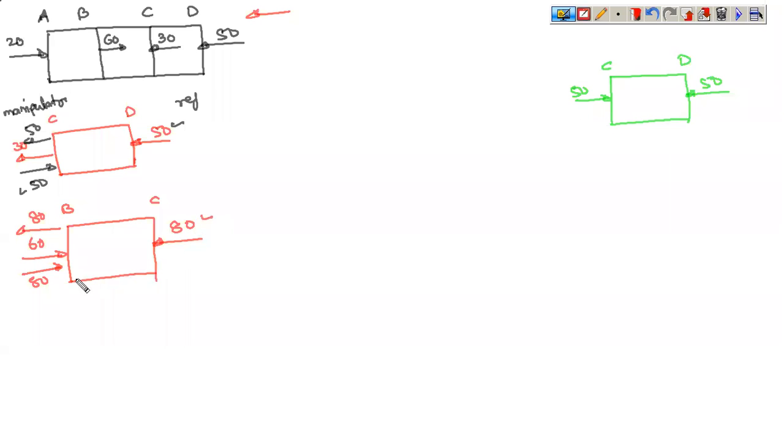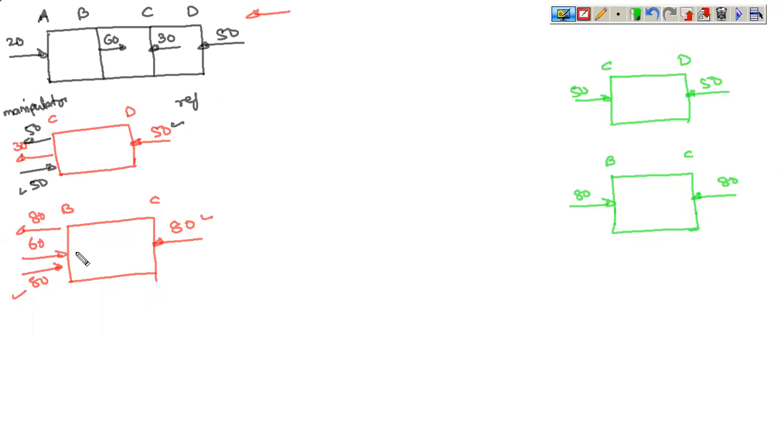So this 80 and this 80 are used to balance the section BC. This is 80 here and this is 80 here.